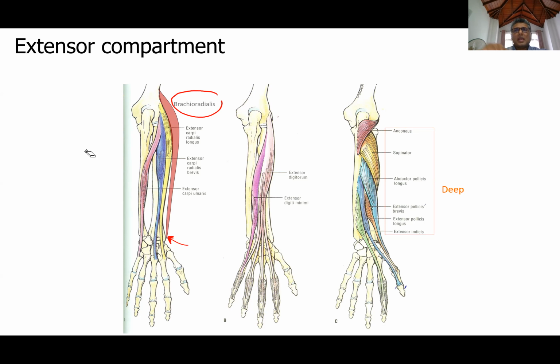If you fully supinate the forearm, you can half pronate it by brachioradialis contraction while flexing the elbow joint. At the same time, if the forearm is fully pronated, you can half supinate it. It's only half by the brachioradialis.